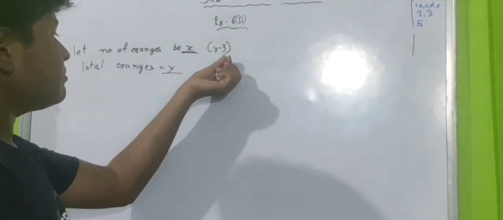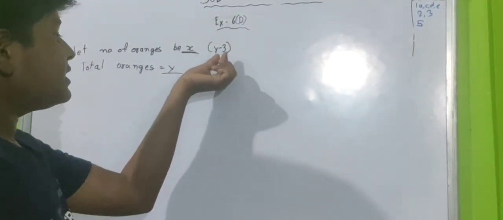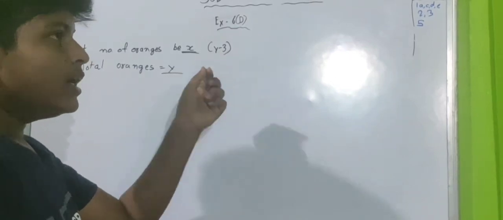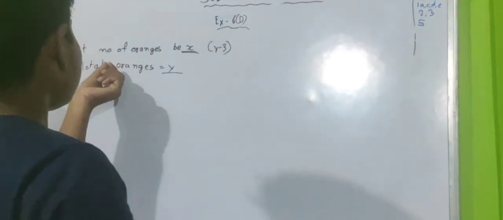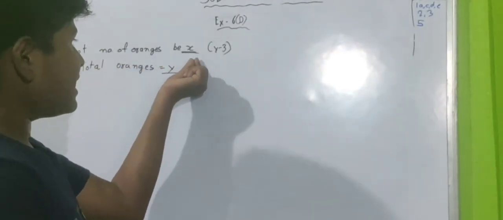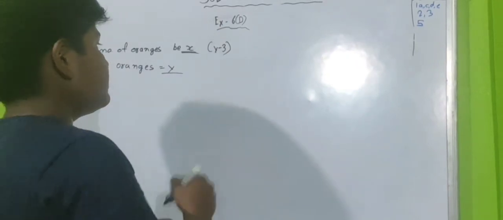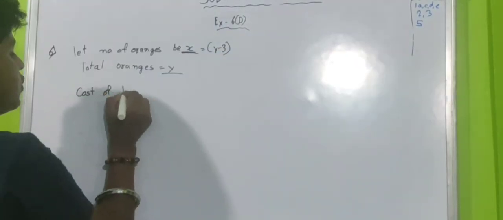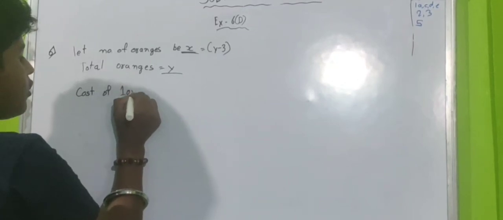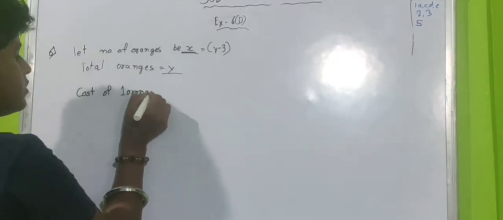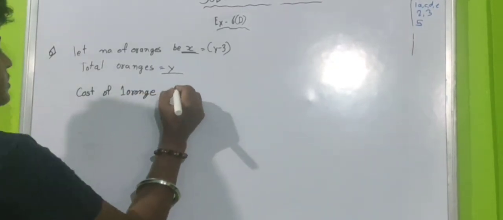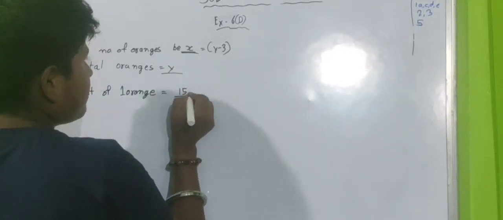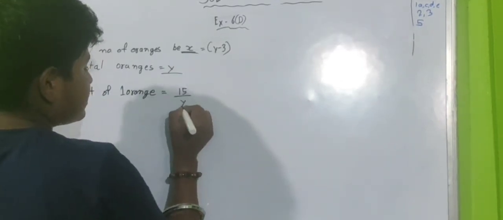So y minus 3: total is y, 3 are eaten, and what is remaining is received by Mr. Mehra. And what Mr. Mehra received is x. Both are similar. So we can say this is the cost of 1 orange which the servant pays. So 15 is the total paid and y is the total number of oranges.